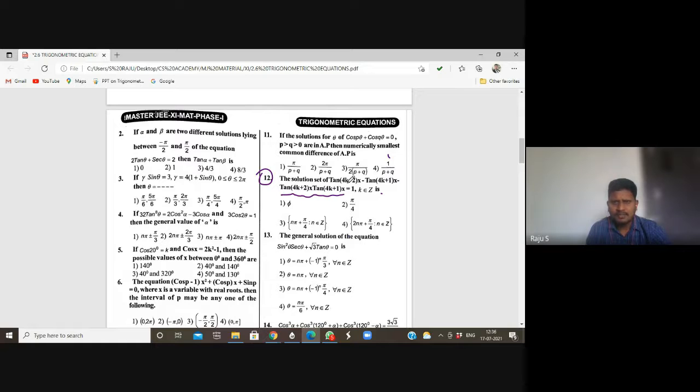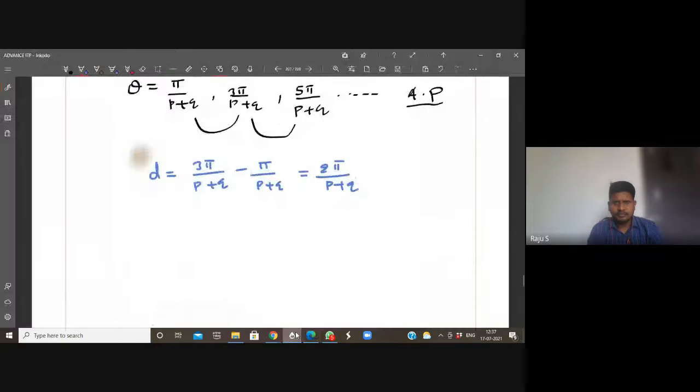Actually, this is a direct formula, because 4k plus 2 and 4k plus 1, their difference we can change directly into the standard form. Let's see here. So can you tell me what is the given question here?